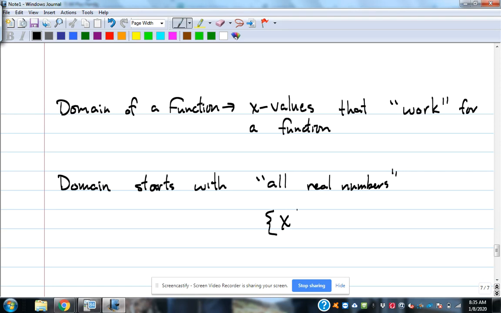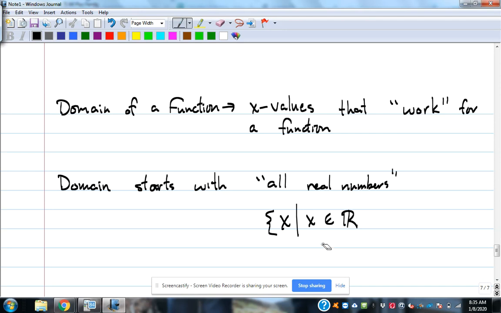One way is X, such that X is an element of the real number system. So that element symbol looks like the Greek letter epsilon. It's like a lowercase c with a little stick in the middle. That's how you make that symbol: make a lowercase c, then put a stick in the middle.